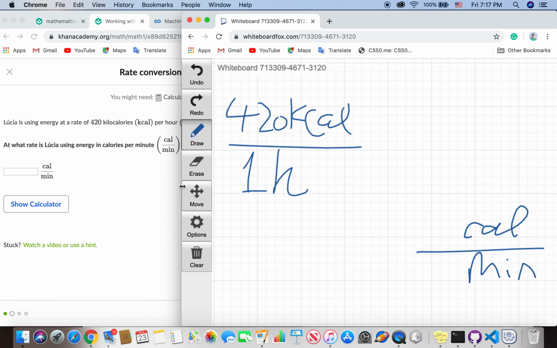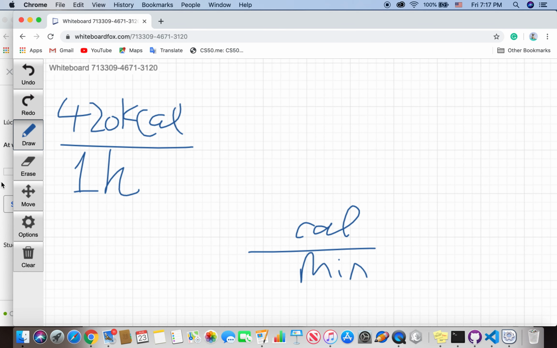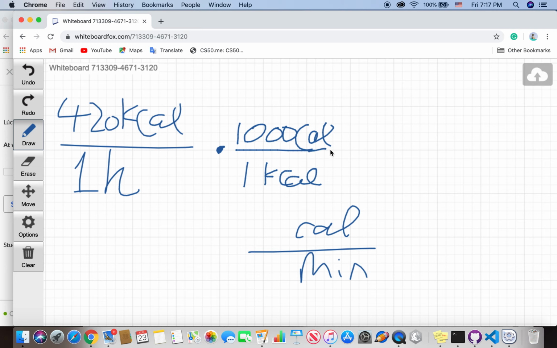So let's see how we can figure that out. So let's multiply. If I have 1 kilocalorie, which is equal to 1,000 calories, and then I'm going to multiply by an hour, and an hour is equal to 60 minutes.